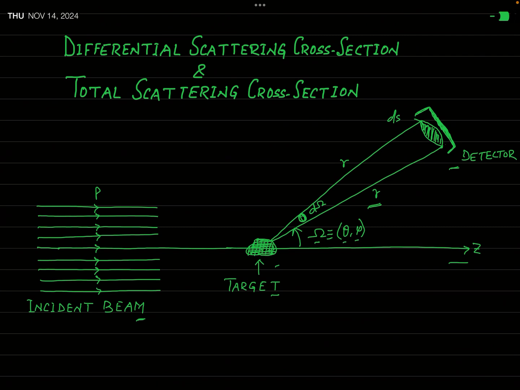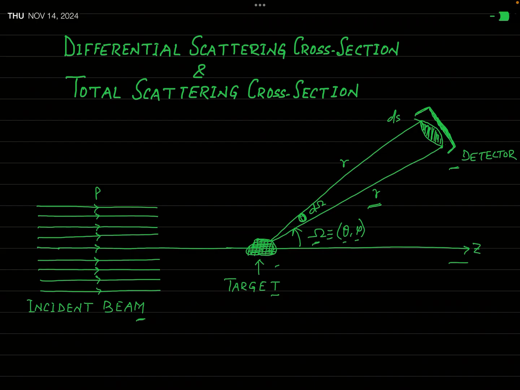So instead of both theta and phi, you can write omega. So where this detector is oriented or situated with respect to the incident direction can be measured in terms of this omega.